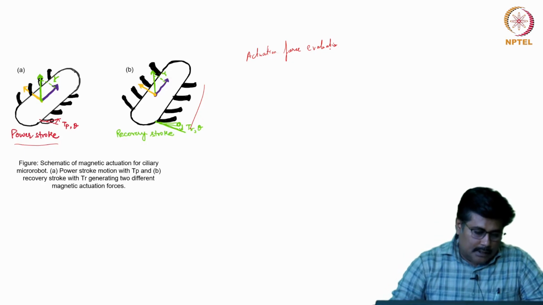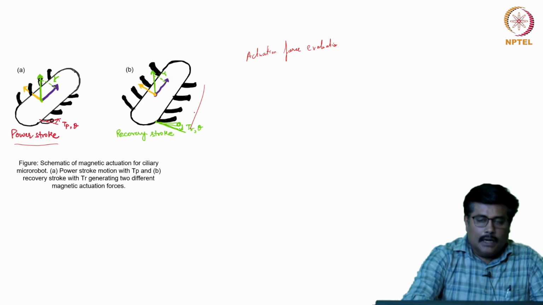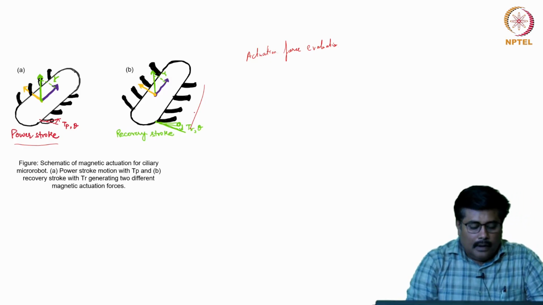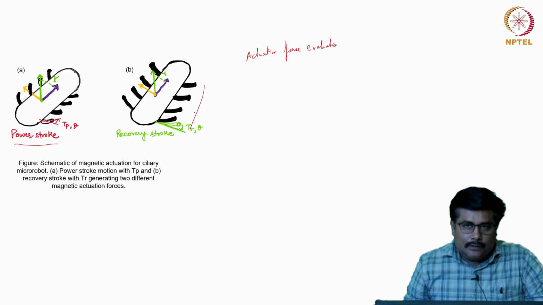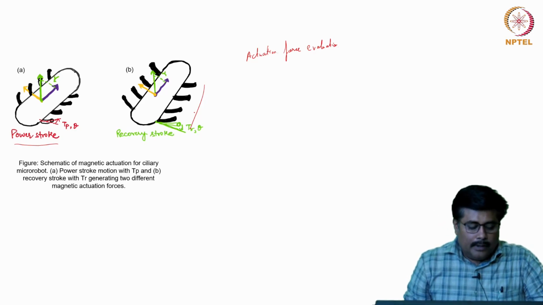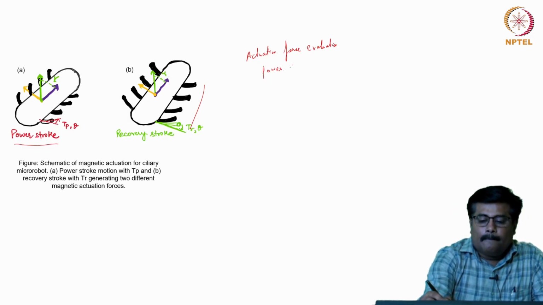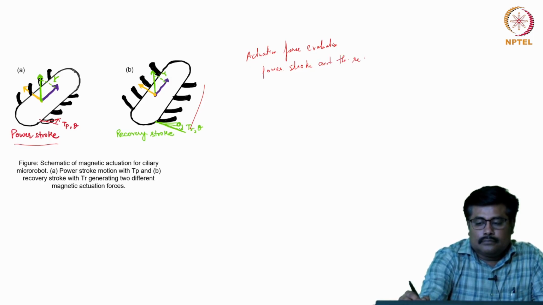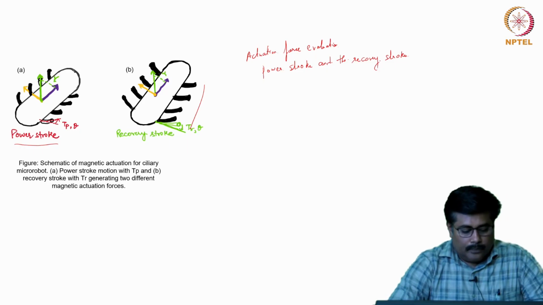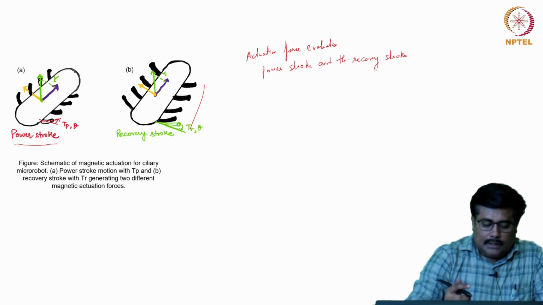In this particular case, the cilia beating cycle generates a net translation force due to the difference in the magnetic actuation force between the power stroke and the recovery stroke.